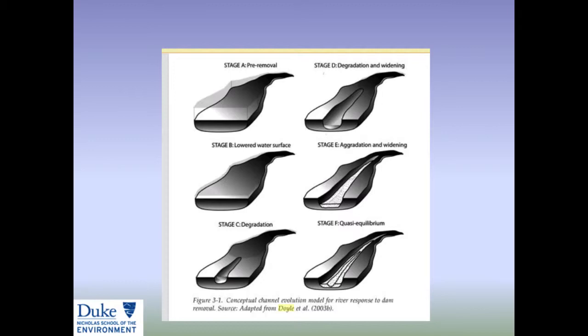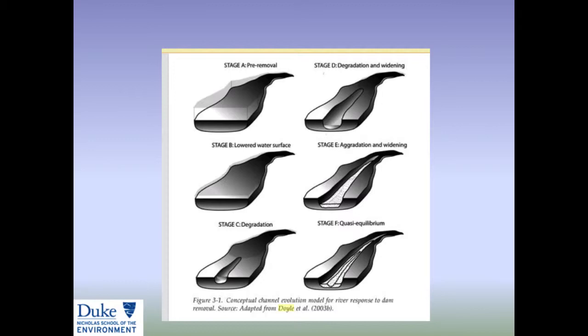Then a stage of degradation and widening, and we obviously have a very steep stream bank cut through these sediments upstream of the dam that are prone to bank erosion.